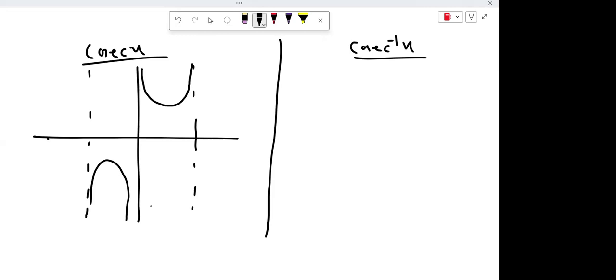What we do here is also restrict the graph from minus pi by 2 to pi by 2. So remember, for cosec x, we have two portions of the graph. This is minus pi by 2 to pi by 2. Let me mark it in red: this part and this part. We have two portions.